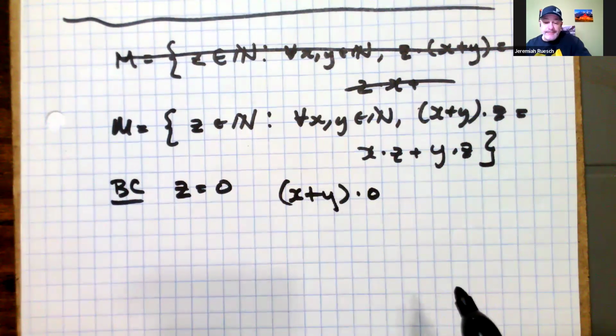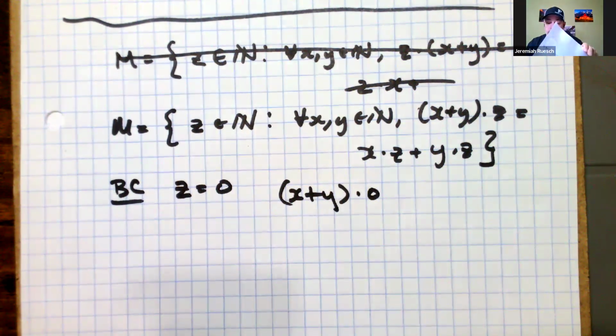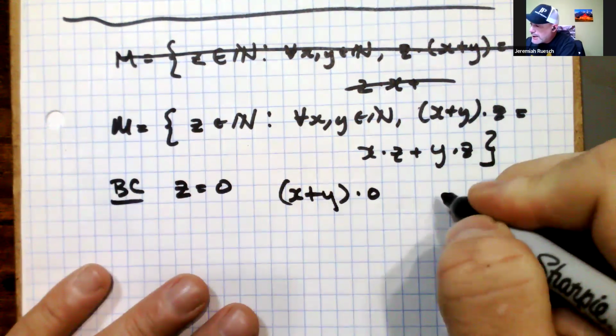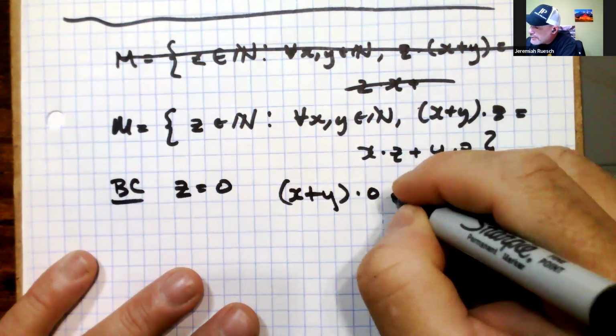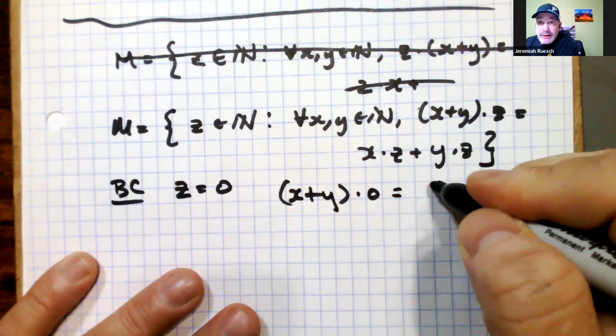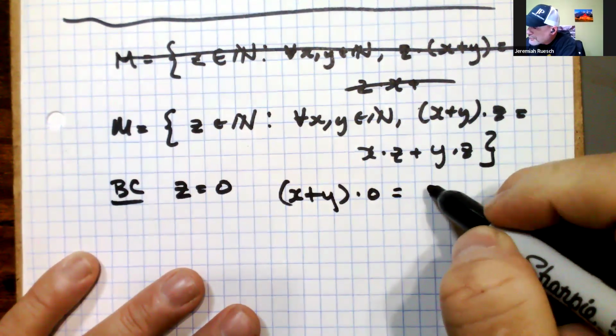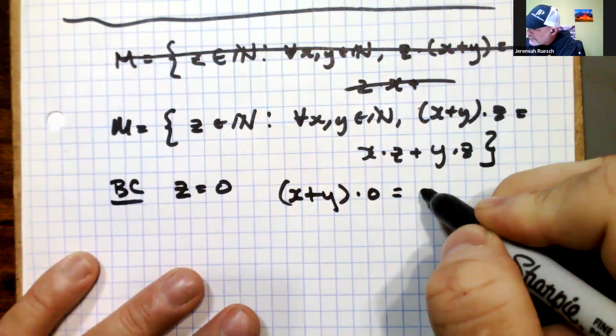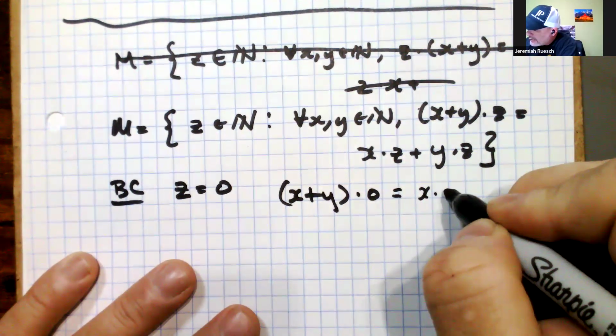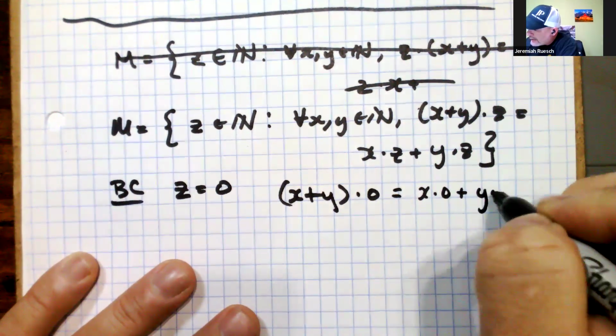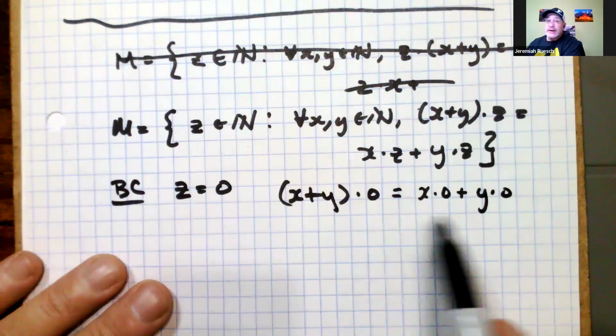What is that? I should write out the whole thing first. I want to show that it is equal to x times 0 plus y times 0. That's what I'm trying to show.